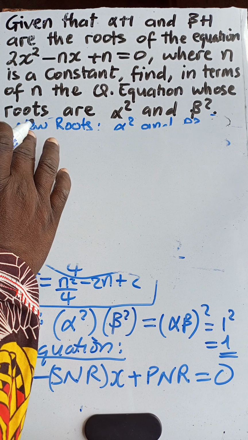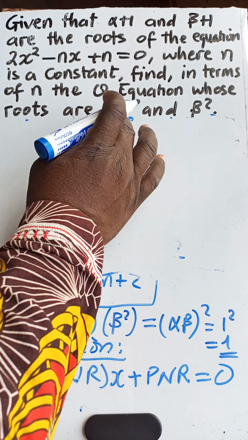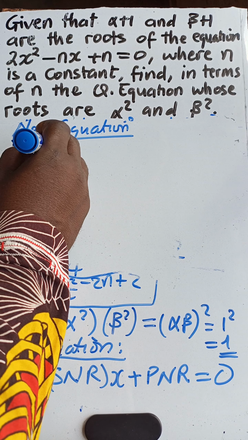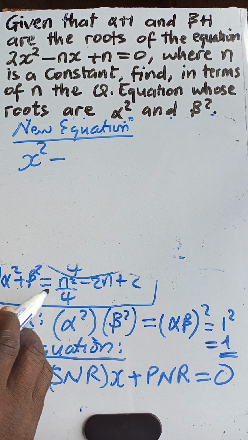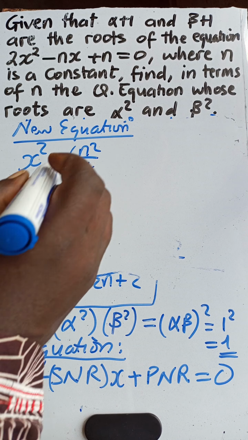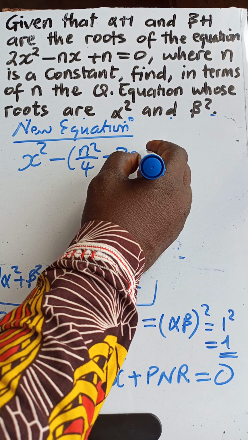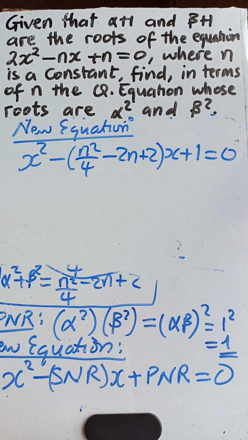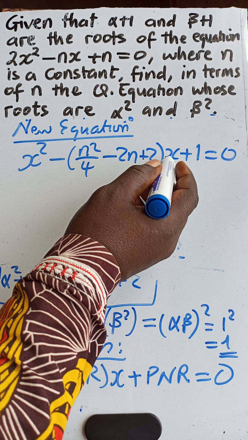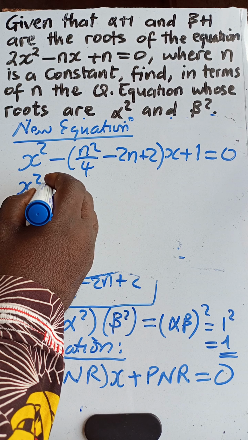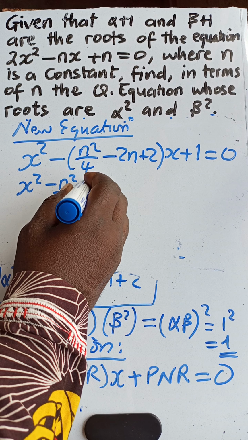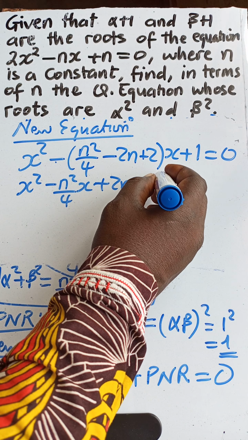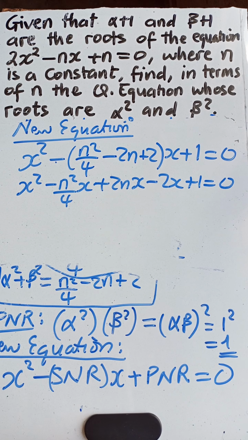So this gives us x squared minus sum of new roots, which is n squared over 4 minus 2n plus 2, times x, plus product of new roots equals 0. Now let's open out this bracket because all of these things multiply to x. So we have x squared minus n squared all over 4x, minus minus become plus 2nx, minus plus become negative 2x, plus 1 is equal to 0.